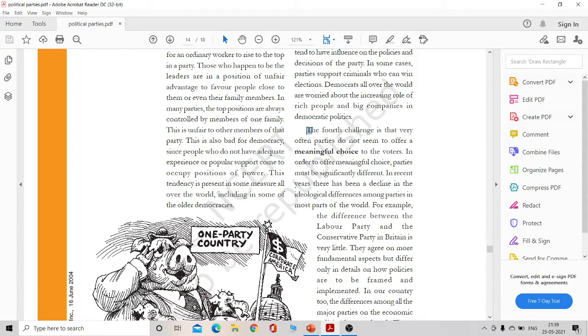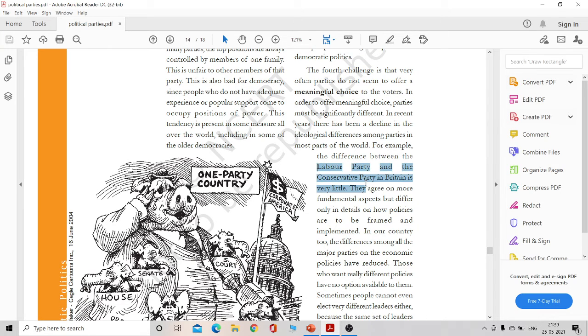Now the fourth challenge is that often parties do not seem to offer meaningful choices to the voters. In order to offer meaningful choices, parties must be significantly different. Now what happens is, there seems to be a decline in ideological differences amongst political parties, right? The Labour Party and the Conservative Party in Britain have much the same sort of ideologies, because their focus is more on winning elections rather than having any loyalty to their party ideology.